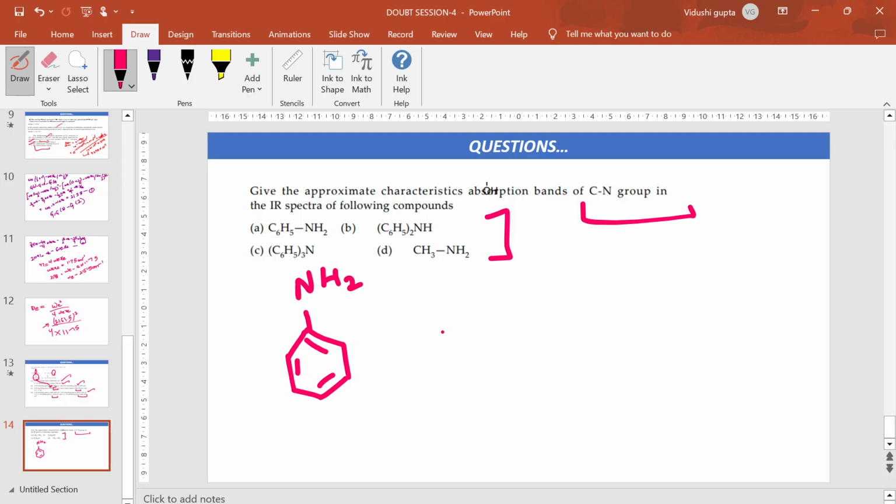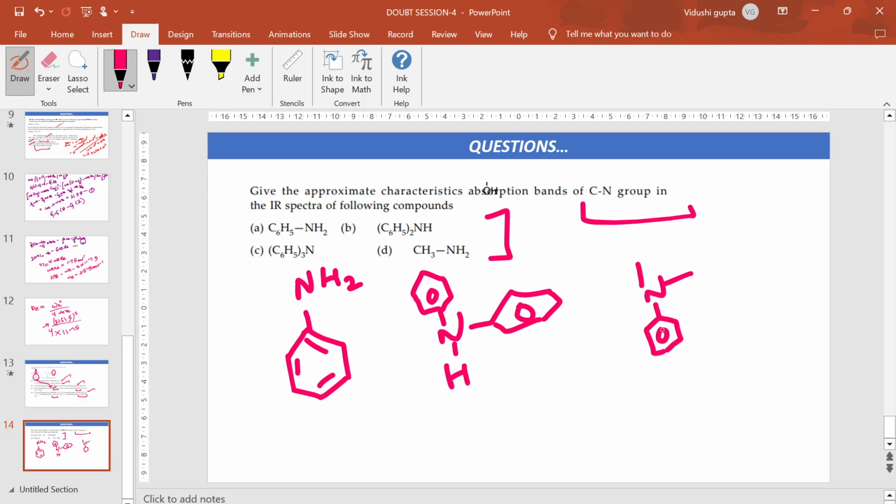Then comes diphenylamine. Then comes triphenylamine. Then is a simple CH3NH2.